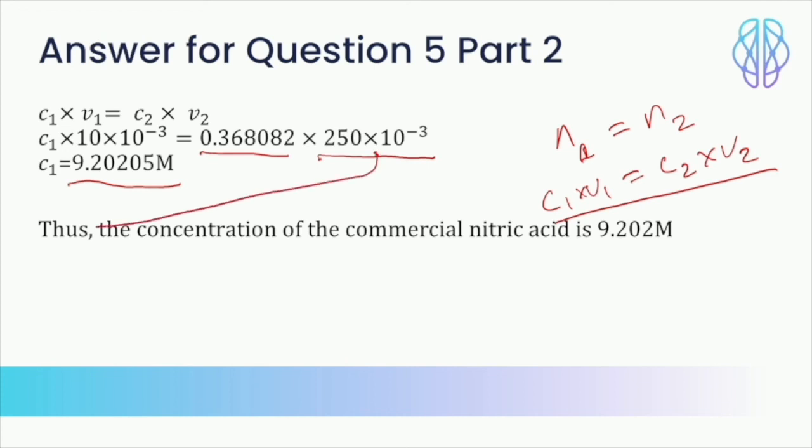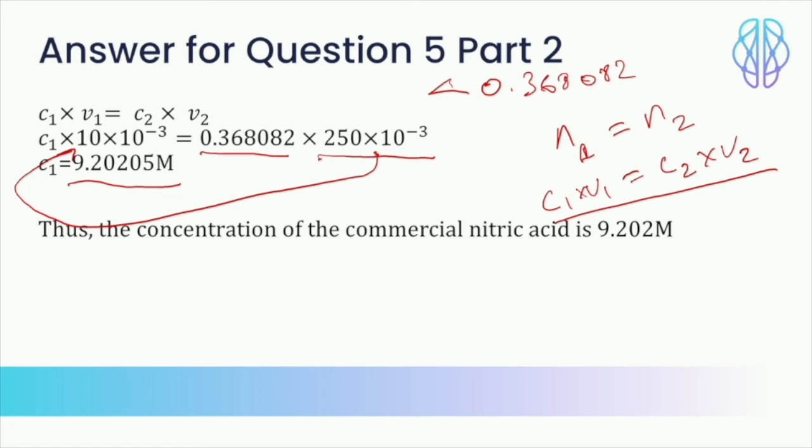Also, a neat trick to know if you did it wrong is if you put the 250 on the other side, so you swap the 10 and the 250 around, you would get a number that is less than 0.368082. If you dilute something, would you get an increase in concentration? No, you would get a decrease in concentration, and that makes sense.